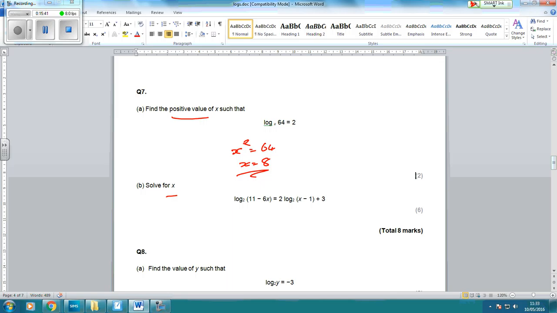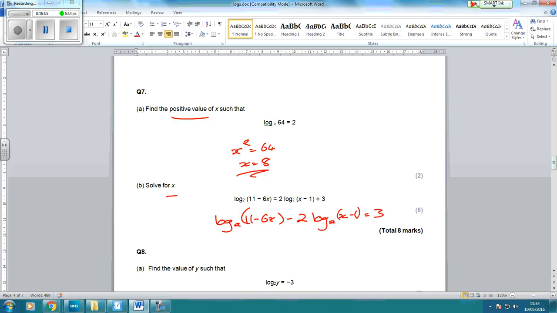Next one, solve for x. So again, we've got one of these questions where you've got to rearrange to get log something equals. If you bring everything to the left-hand side, you're going to have log to the base 2 of 11 minus 6x, minus 2 log to the base 2 of x minus 1, equals 3.